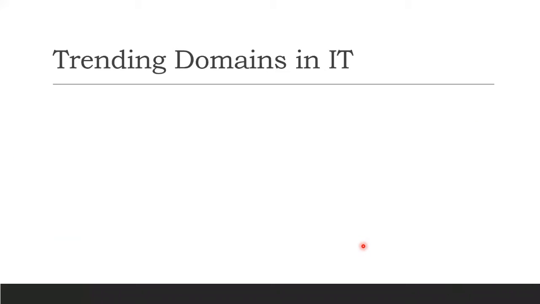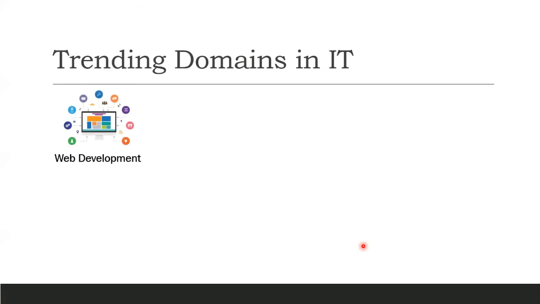Moving ahead, if I said step number 1 is select a domain, your question will be, sir, what are all the domains that I can choose from? There are hundreds of different domains out there in the market, but I'm shortlisting a few trending domains that you can start working on at BSc IT level.